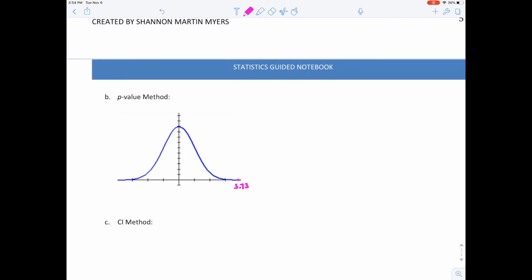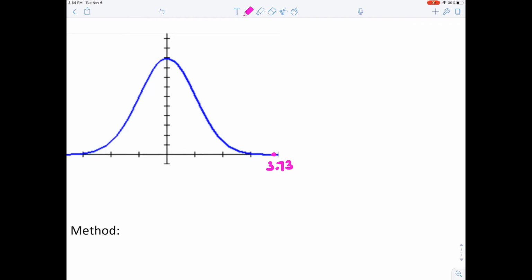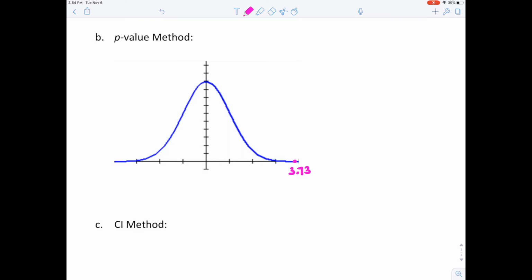And so here, what we're going to be looking at is, what is the probability that we get a value at least as extreme as our test statistic? So our p-value equals the probability that z is greater than 3.73.